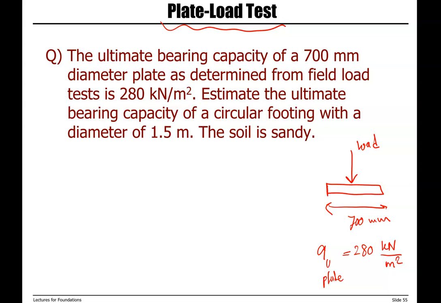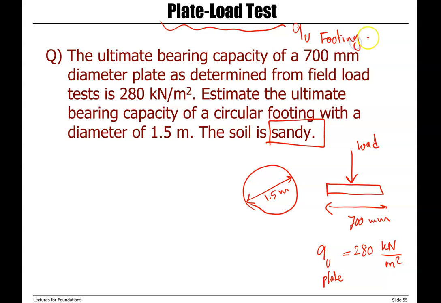The question is asking us, estimate the ultimate bearing capacity of a circular footing with a diameter of, so now we have a footing, diameter is 1.5 meters. The type of soil is sandy. So it's asking about QU of footing when we have QU of plate.